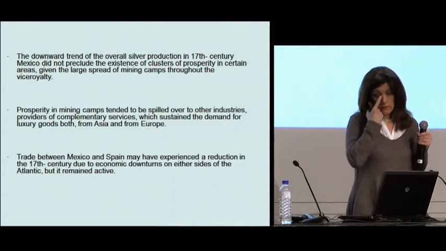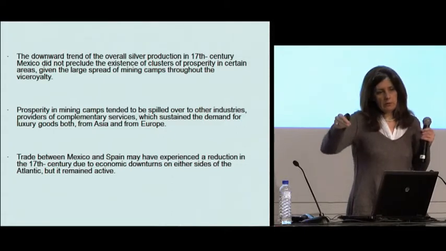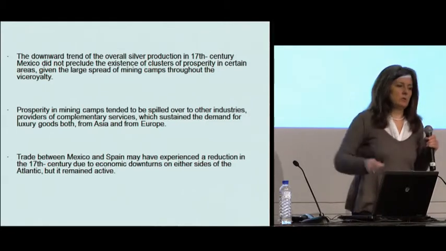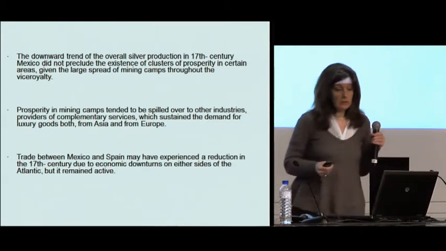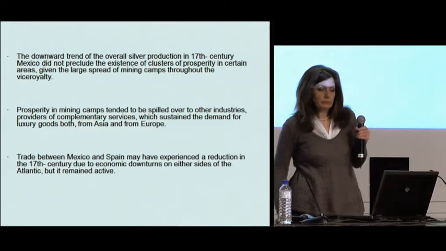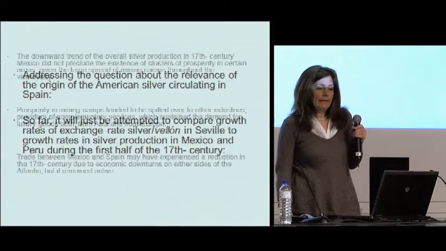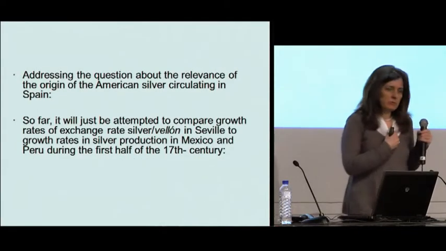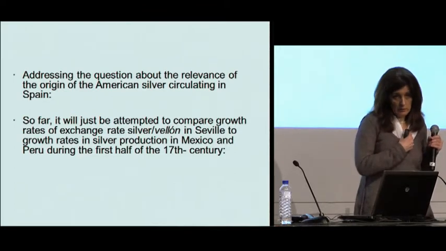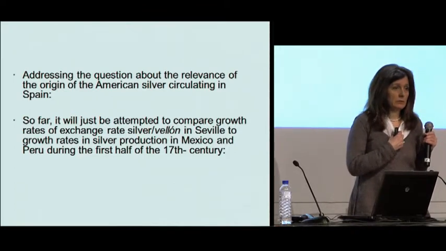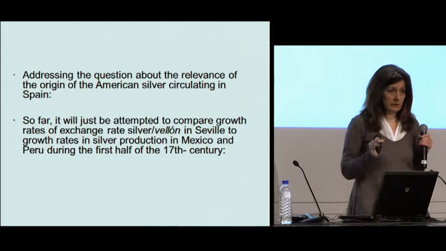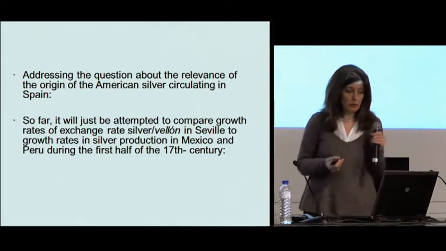So the silver that might have been produced in Mexico might have flowed to Spain, and that may have affected... I mean, I'm talking tentatively at the moment. I cannot prove anything at the moment, but I'm just talking tentatively to explore these routes.